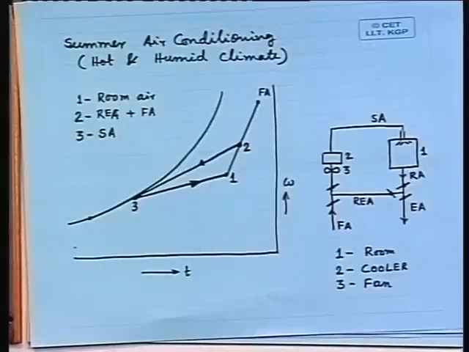The recirculated air, this actually comes in the details of air conditioning. Why is it needed? First, human beings will be inside. Due to their respiration, there will be depletion of oxygen and an increase in carbon dioxide.